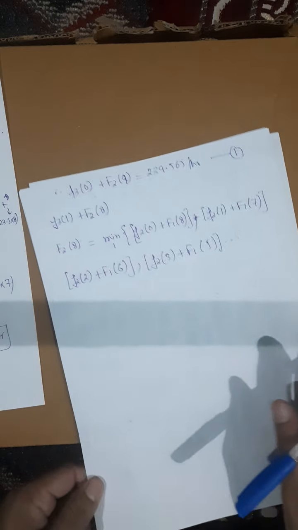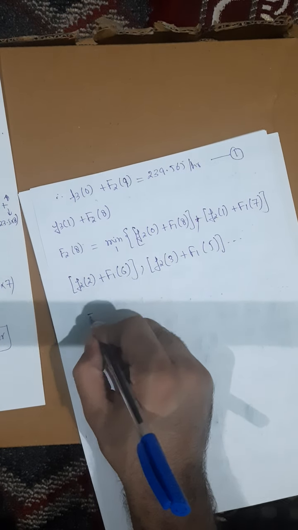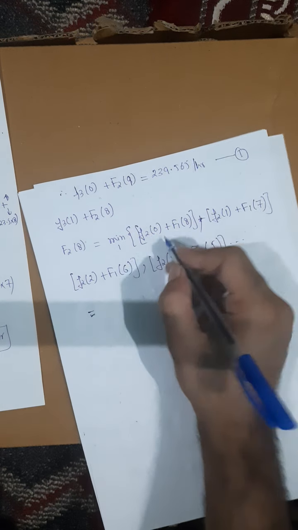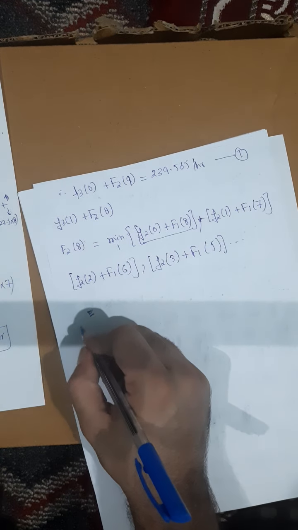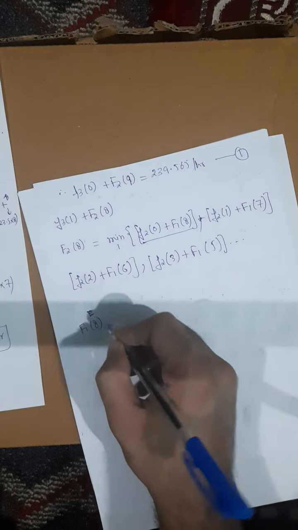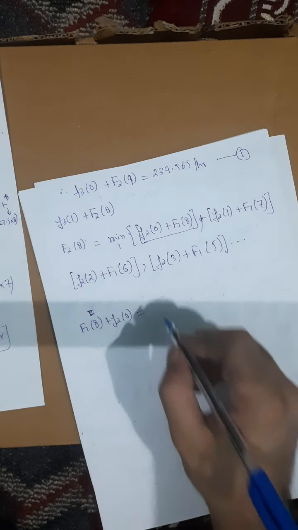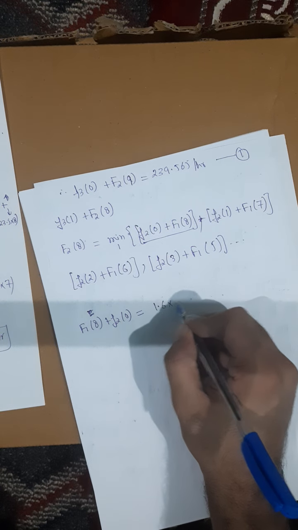F28 will be equal to the minimum of these terms. I will calculate the first term first, F18 plus F20.